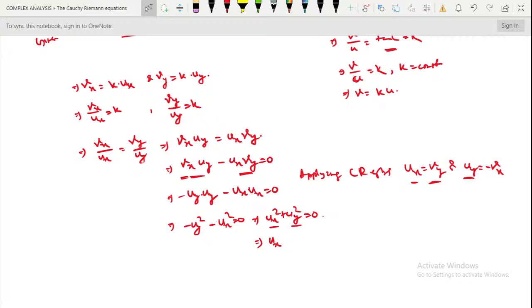Similarly, we can show that v is a constant. Thus, f of z, which is u plus iv, is a constant.